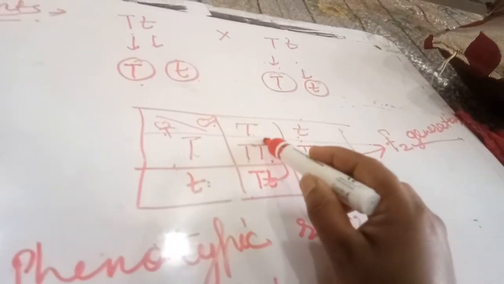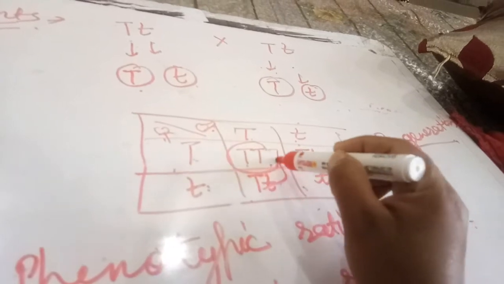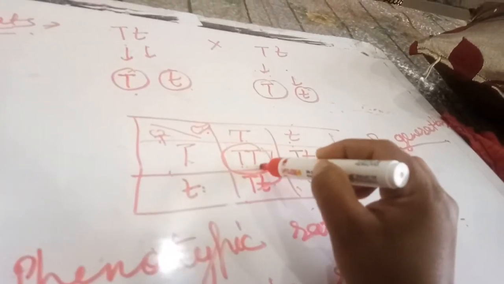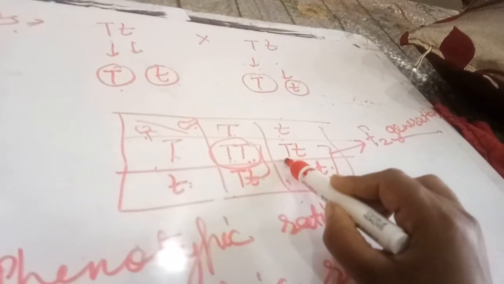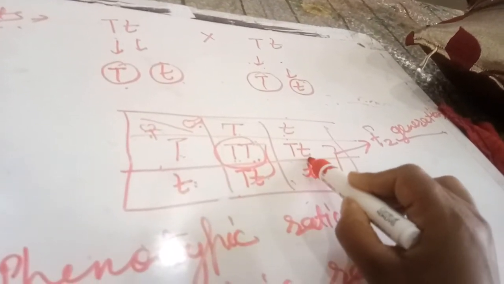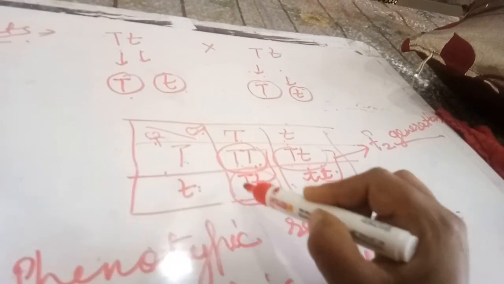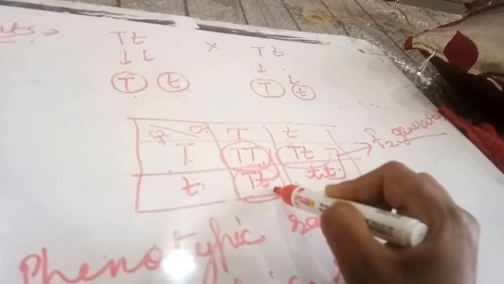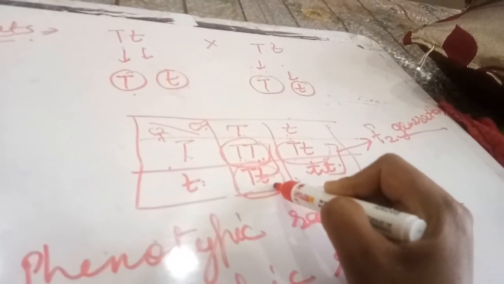One plant is tall due to the law of dominance. This plant is also tall because it is pure tall. This plant is also tall because tallness is dominant over dwarfness. This plant is also tall because tallness is dominant over the small t, or you can say over dwarfness.